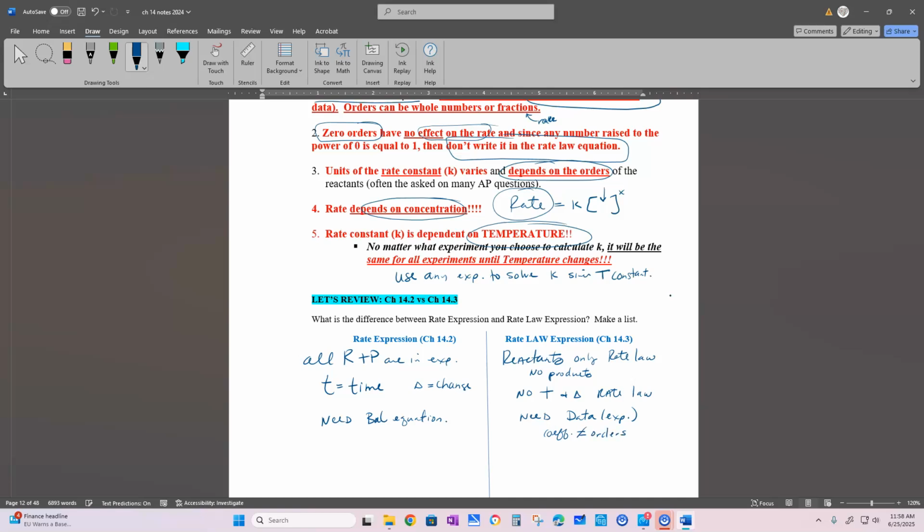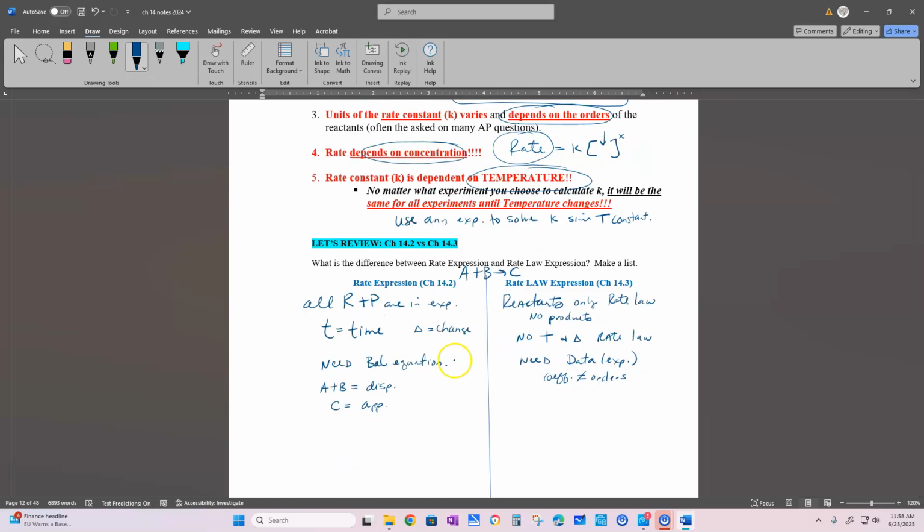With a rate expression, let's just say it's a generic equation, A plus B makes C. The A and B were disappearing at some rate, as C was appearing. So with rate expression, it's about how the rate correlates with the other chemicals.